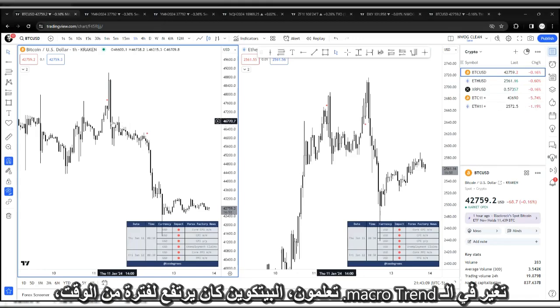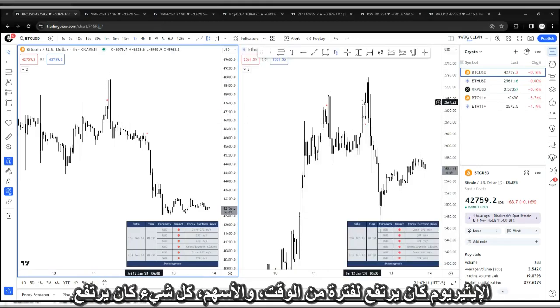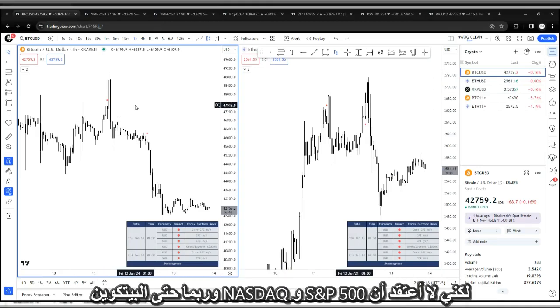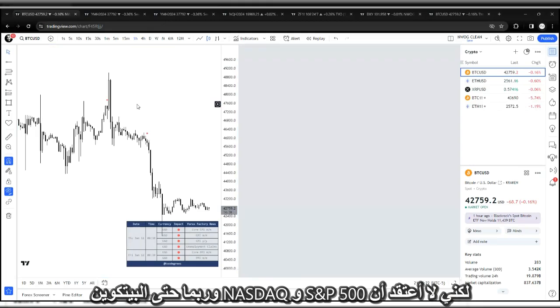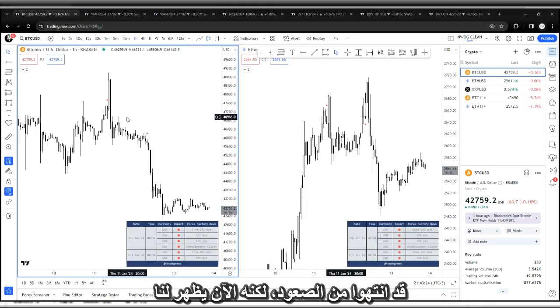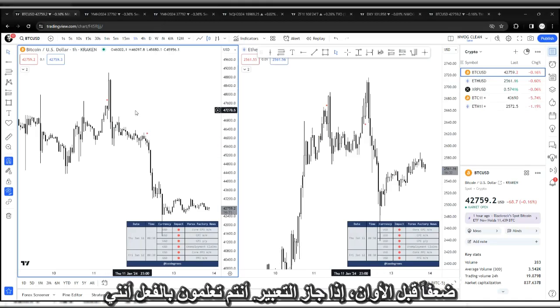Bitcoin has been going up for a while, Ethereum has been going up for a while, stocks, everything has been going up for a while, which I don't believe that the S&P 500, NASDAQ, and probably not even Bitcoin is finished with going up, but it's showing us weakness before the time, quote unquote.